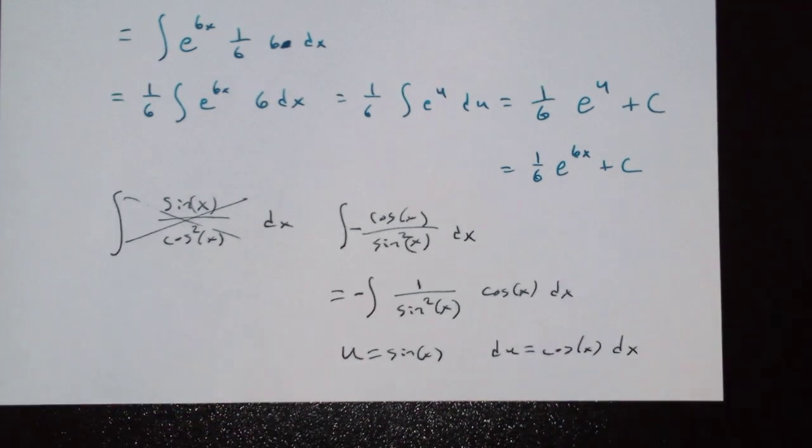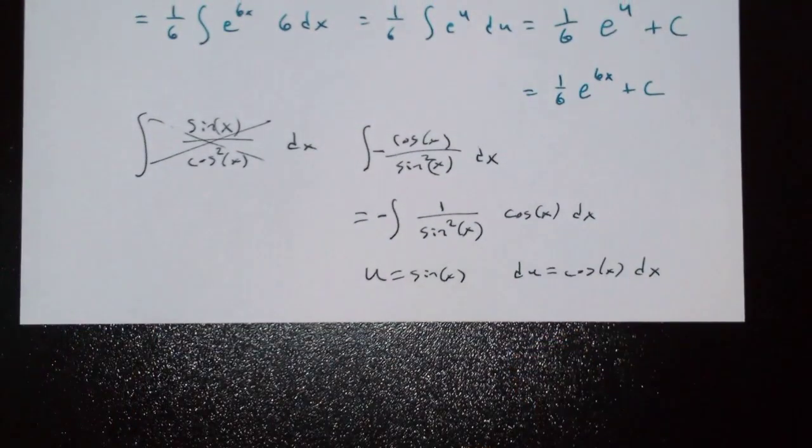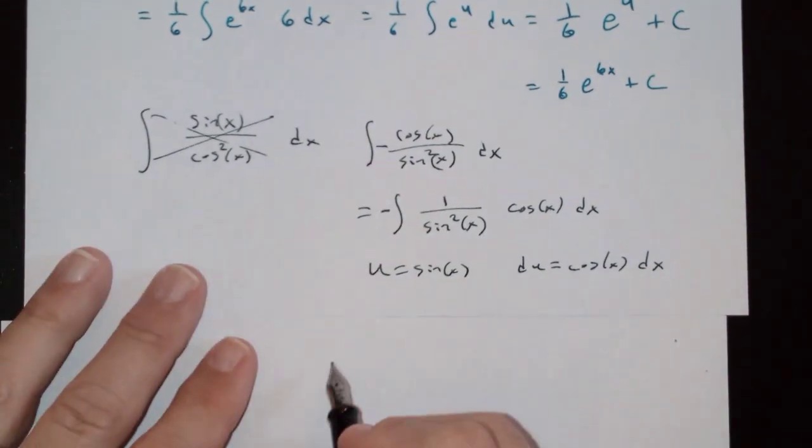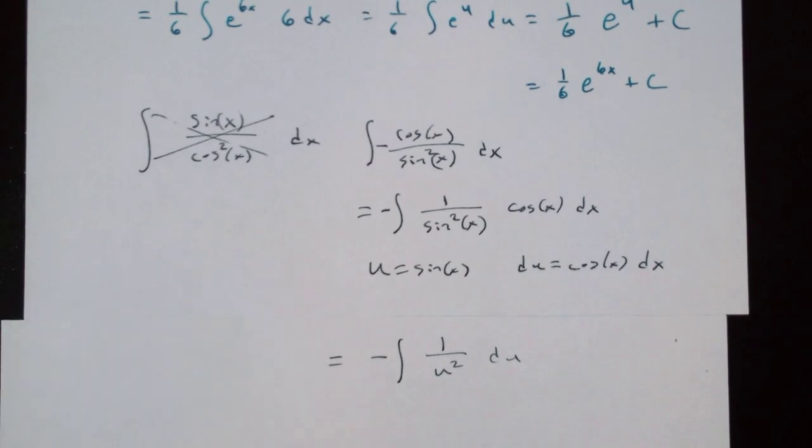And that's exactly what is sitting there waiting for me. So I could legitimately say another way to do this is to write this as negative integral 1 over u squared du. And this just became a power rule problem.